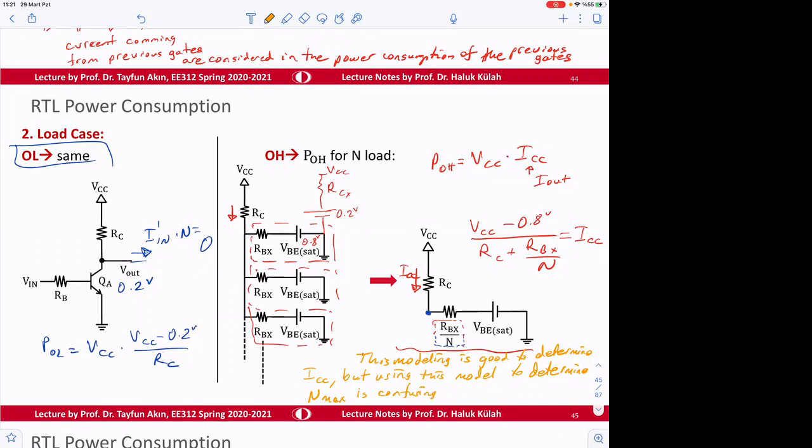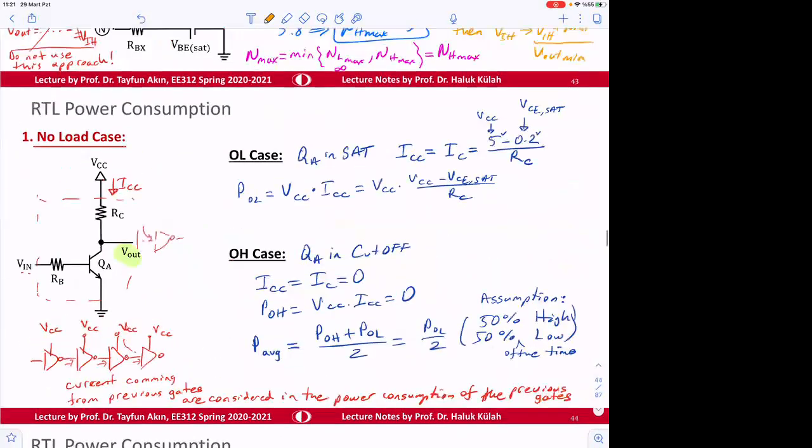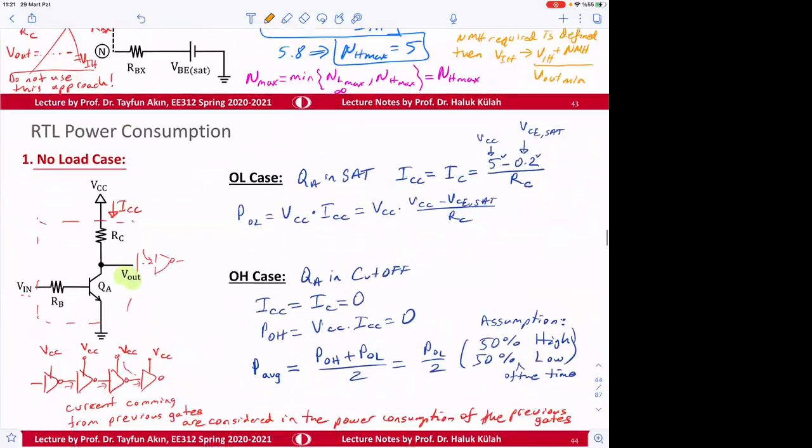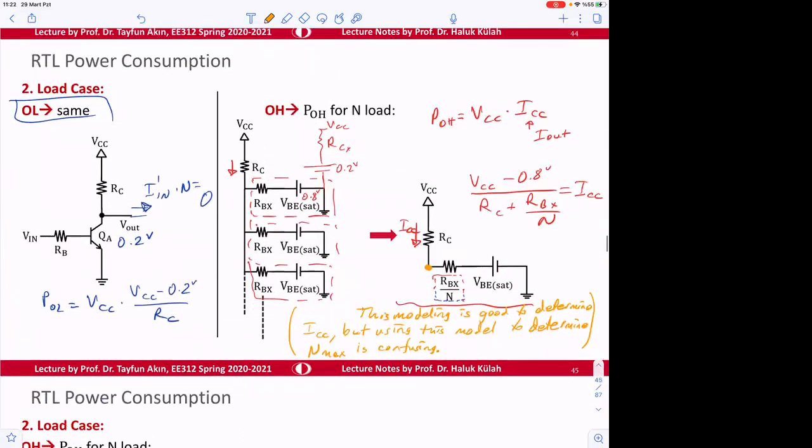Okay, just as a note for you. Some people, you know, use this model and then determine this and then say that this should be less than V input high, for the fan out. Remember, we said that this should be less than V input high. So we can use this model also here, but don't use it. I mean, use the method that I suggested.